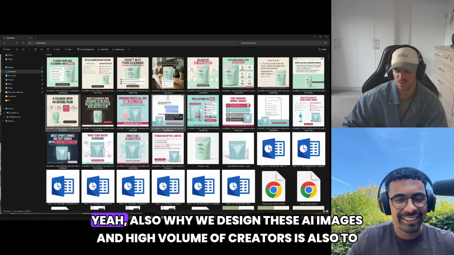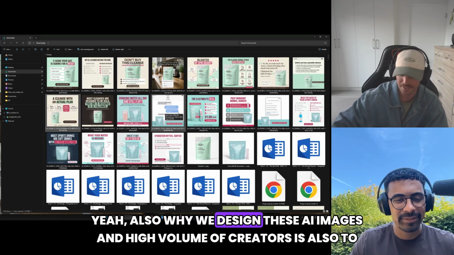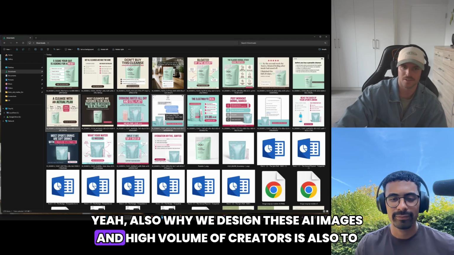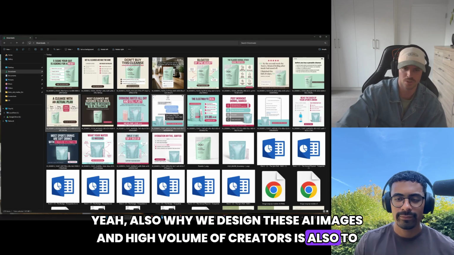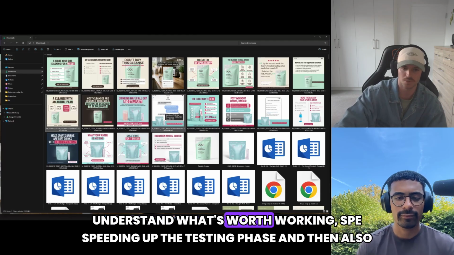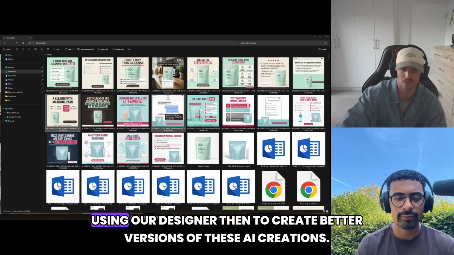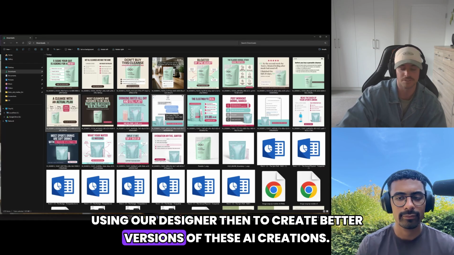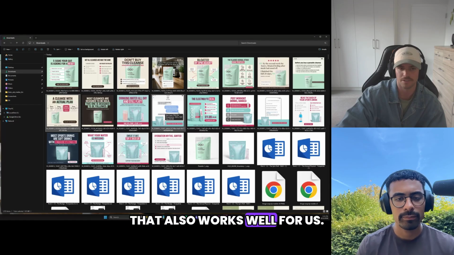That's also why we design these AI images in high volume, to understand what's working, speeding up the testing phase, and then also using our designer to create better versions of these AI creations. That also works well for us.